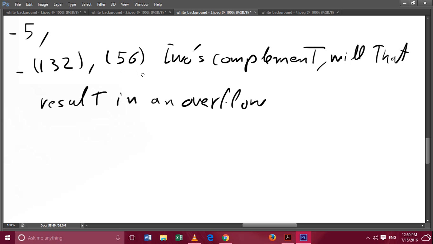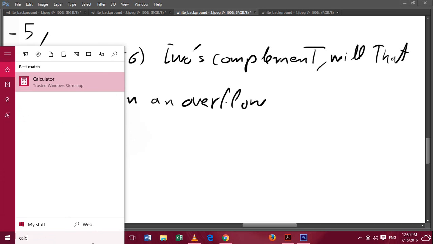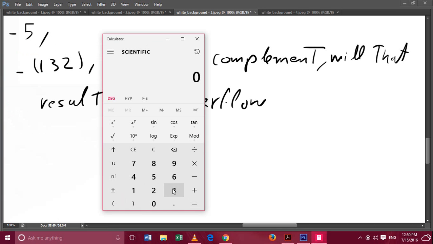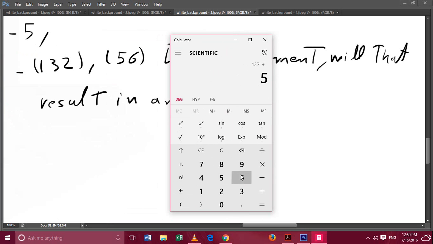But there's an easier way. If you can figure out how many bits 132 needs, and then you add them up decimally, let's use the calculator here. 132 plus 56, that's 188.